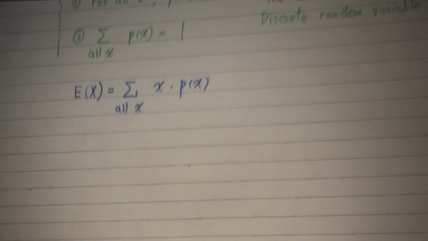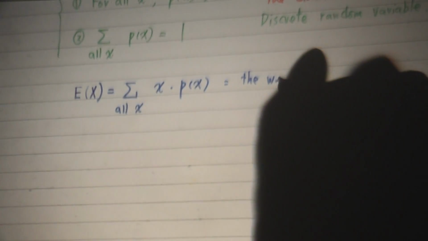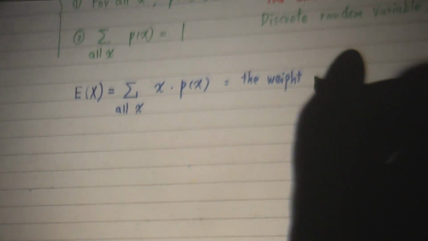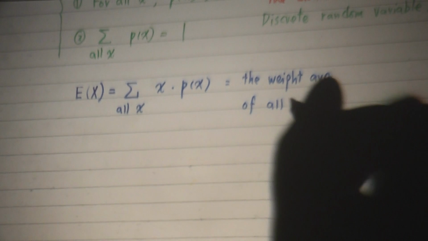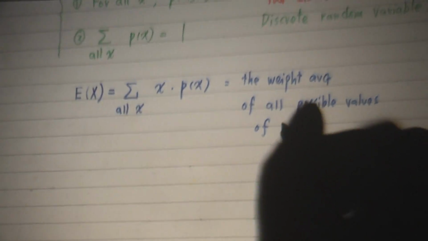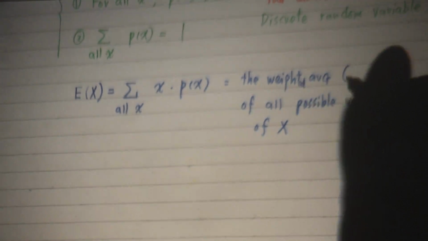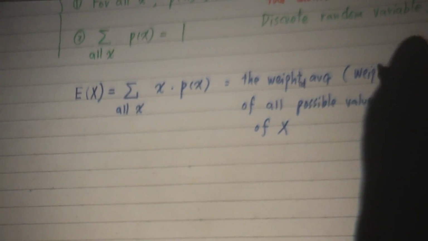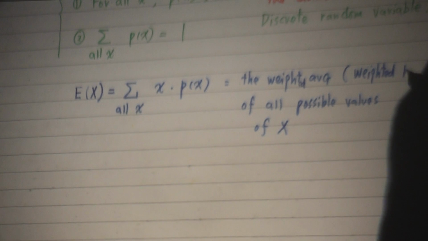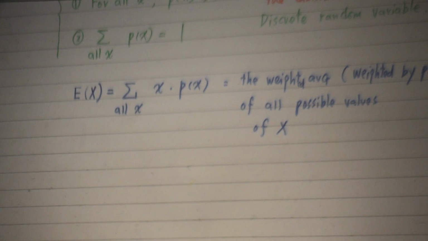So from this formula, you can say this is the weighted average of all possible values of x. But weighted by what? Weighted by its probability. Okay? Weighted by its probability.